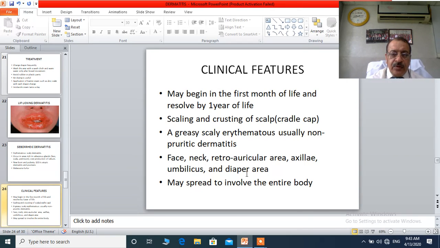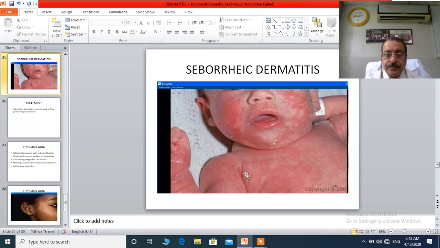Usually it is a non-pruritic dermatitis, while atopic dermatitis, which we have already discussed, is pruritic. So in seborrheic dermatitis, the face, the neck, the retroauricular area, axilla, umbilicus and diaper area are involved. It may spread to involve the entire body.